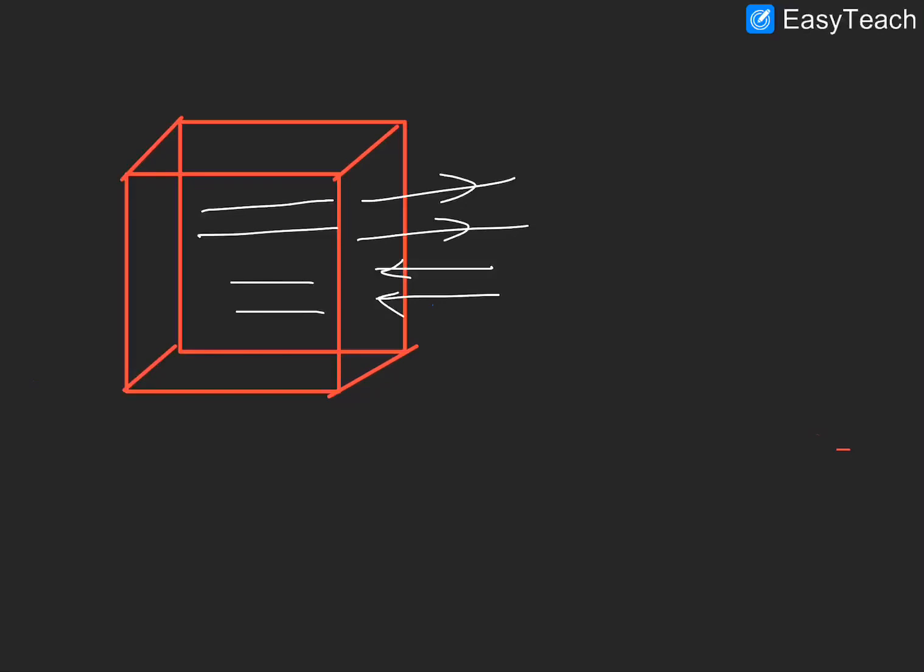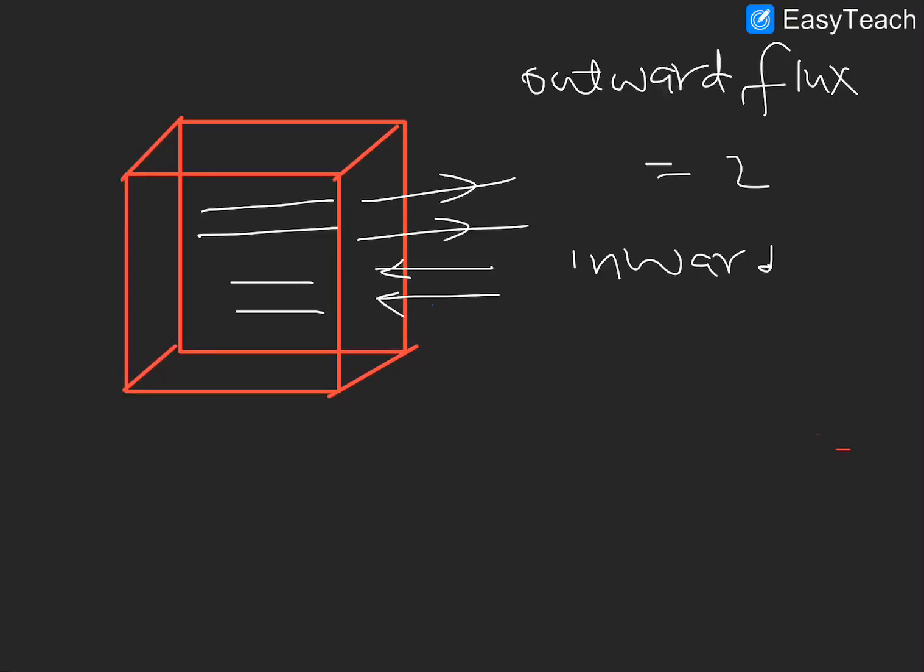Then outward flux means passing out. What is the amount of outward flux? It is equal to 2. And what is the amount of inward flux? That is flux coming inward, that is again 2. Then what is the net flux?